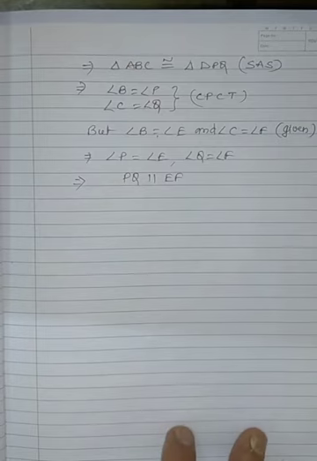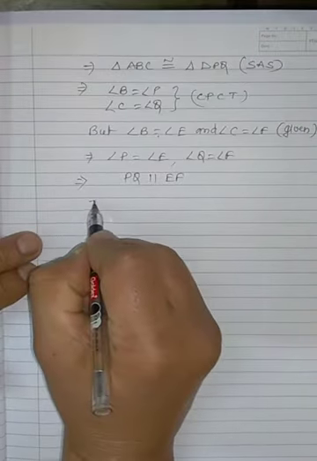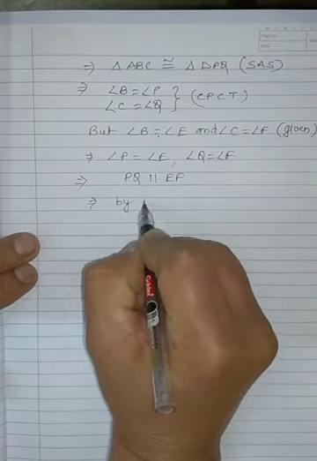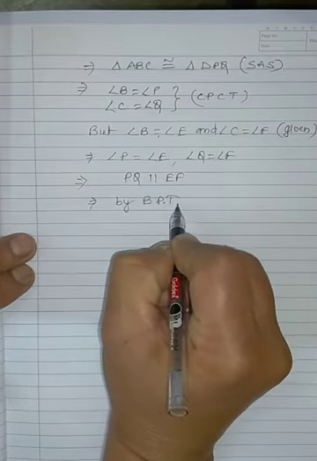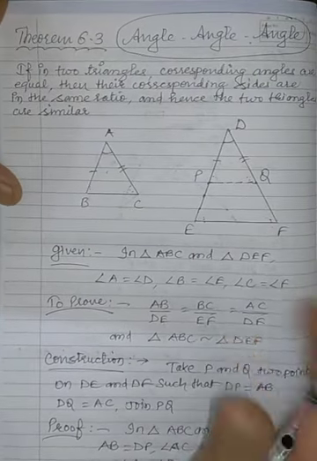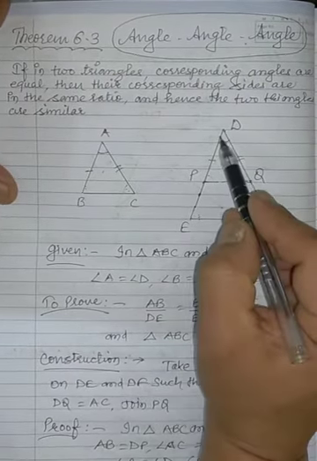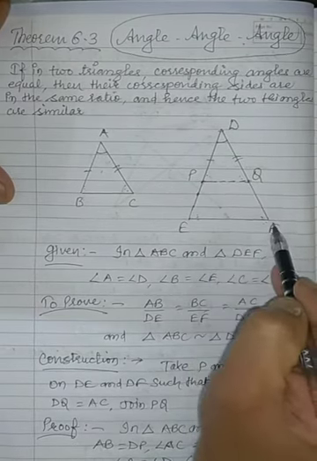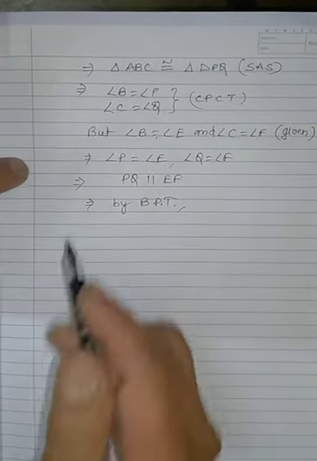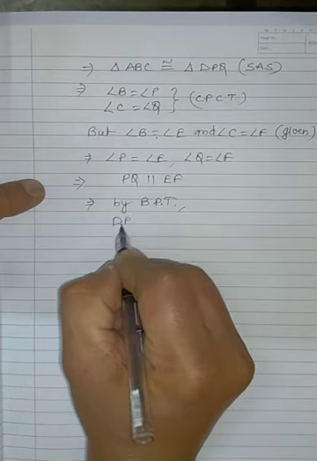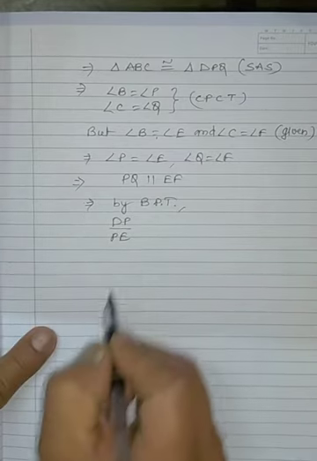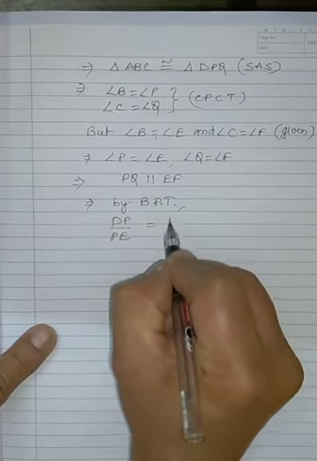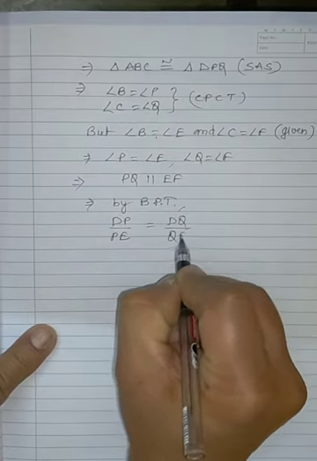That implies by BPT, if this line is parallel to this side, then the ratio of the sides are equal. DP upon PE is equal to DQ upon QF.